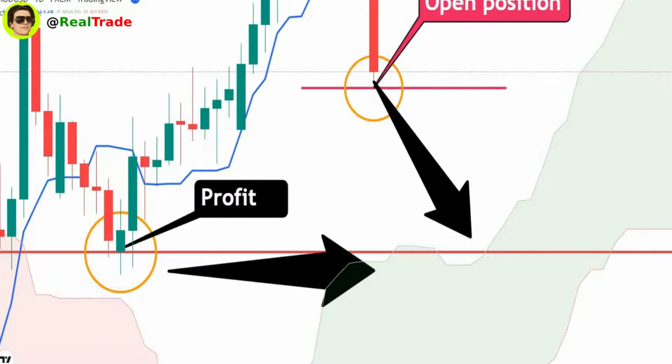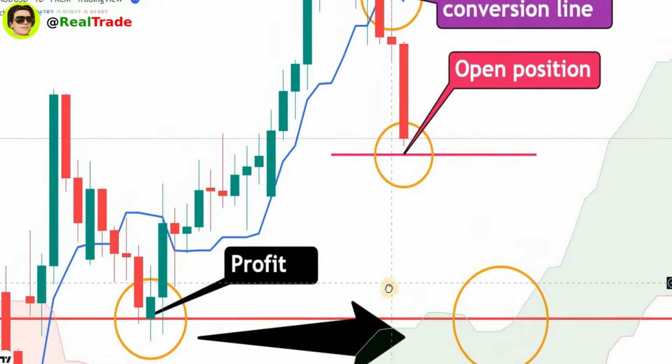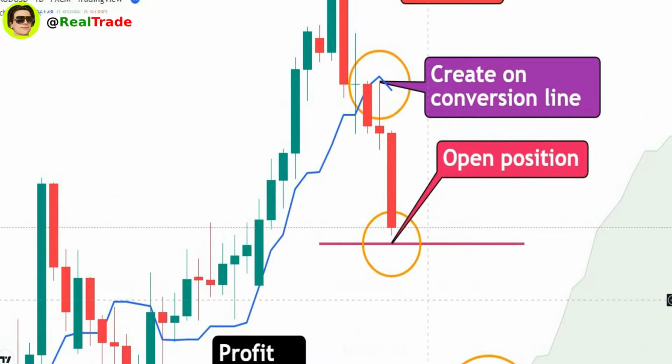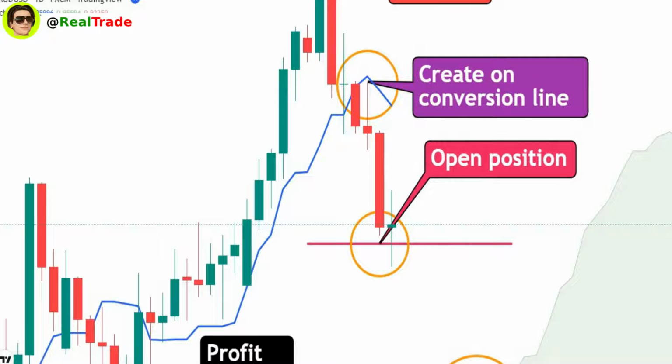Continue. Wait for TP. Wait for profit. Yes, continue. And this candle activates the strategy. Open position, activate sell stop.